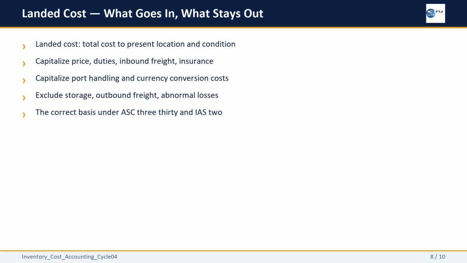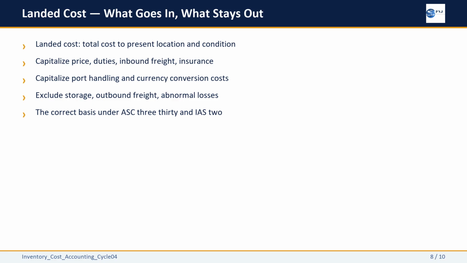What stays out? Storage after receipt, outbound freight, abnormal transit losses, and general administrative overhead. The surprising part for many is that the same dollar of freight is capitalizable inbound, but an expense outbound. The direction matters. Getting this boundary right is the difference between an accurate balance sheet and a distorted one.